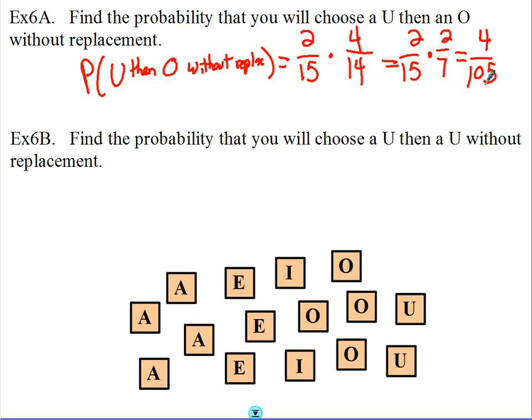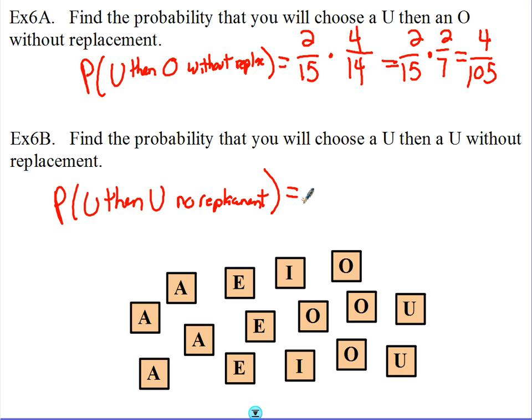Example 6b is a little bit different. It's saying find the probability that you will choose a U and then a U without replacement. Okay? So probability of U, then U, no replacement. So same thing.